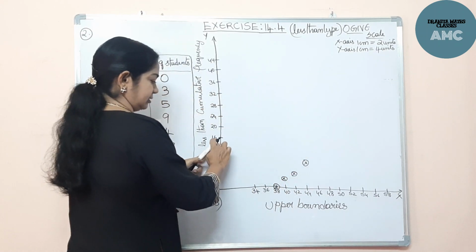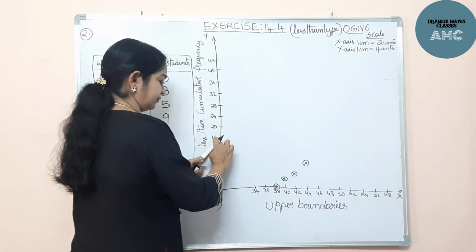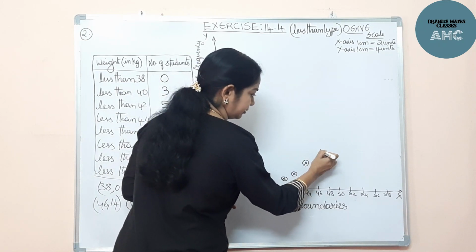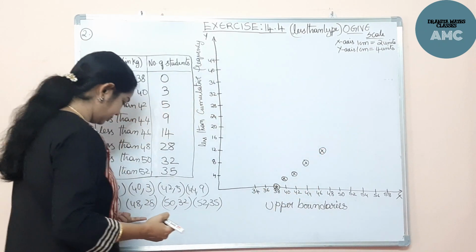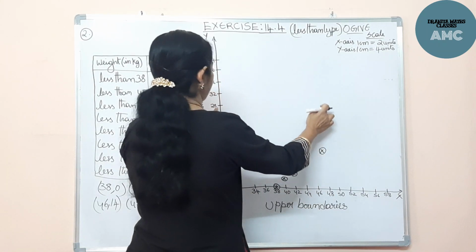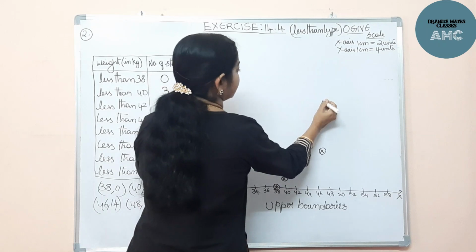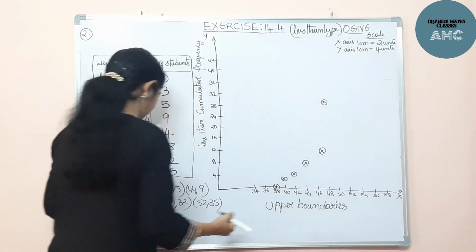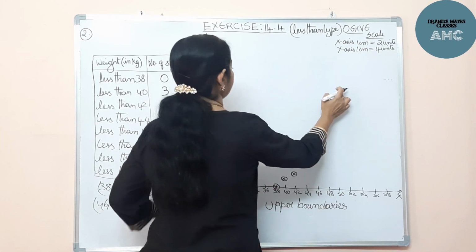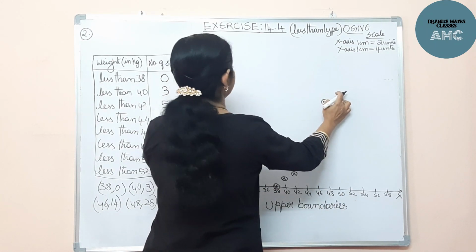See here the center one from 12 to 16; 14 is the center line. 46, 14, this point. And 48, 28: see here 48 and 28, this point. And 50, 32: 50 here and 32 exactly here.